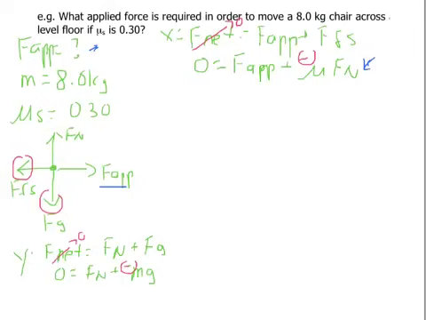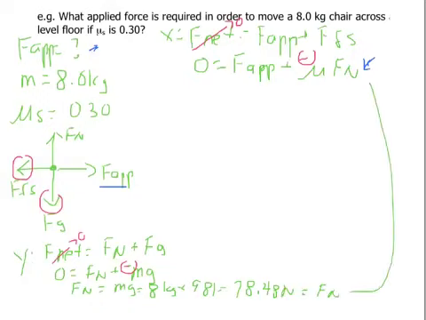So now we can write Fn equals mg, which is 8 kilograms times 9.81, which is 78.48 newtons. That is our Fn.